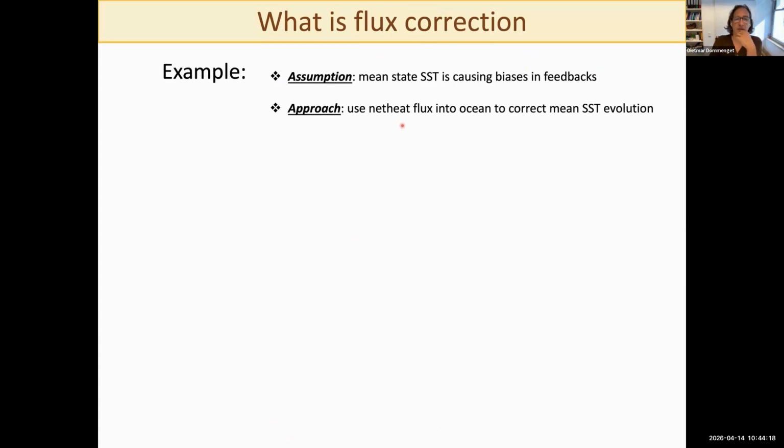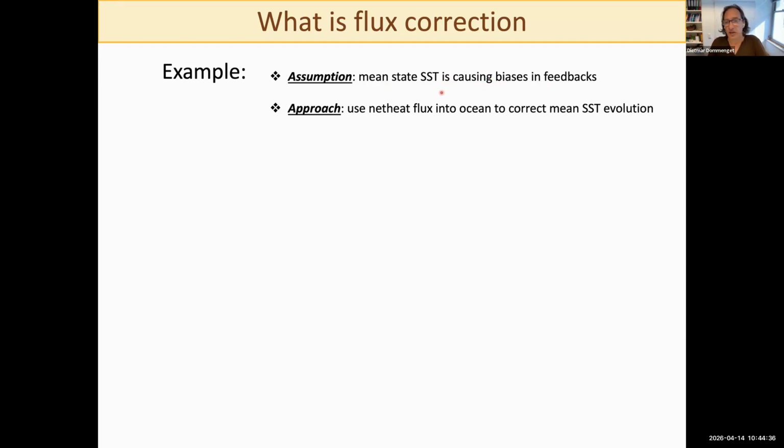So what is flux correction? I give you an example because there are many different ways of how this is being used, but a very common one is this example. Let's say the assumption is that your mean state SST is causing biases in your feedbacks. Let's say in ENSO or so, the feedbacks are wrong. And partly this might be due to the mean state or SST gradients being incorrect.